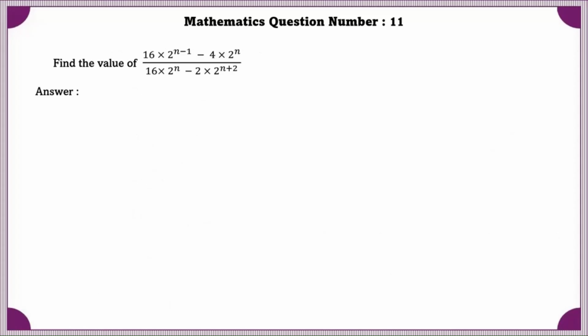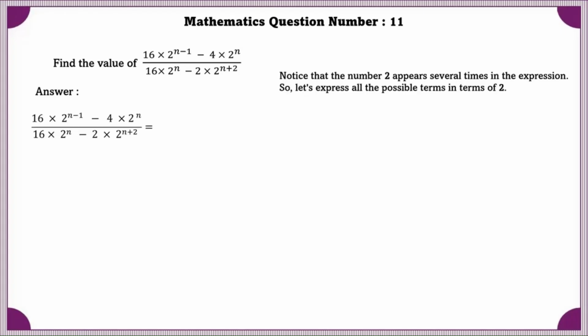Mathematics question number 11. Find the value of 16 into 2 to the power n minus 1 minus 4 into 2 to the power n by 16 into 2 to the power n minus 2 into 2 to the power n plus 2. Notice that the number 2 appears several times in the expression. So, let's express all the possible terms in terms of 2.